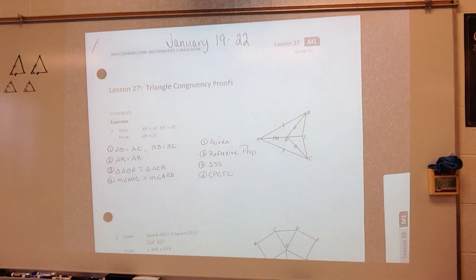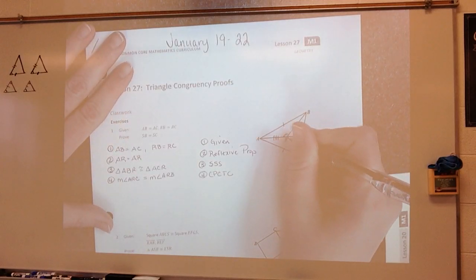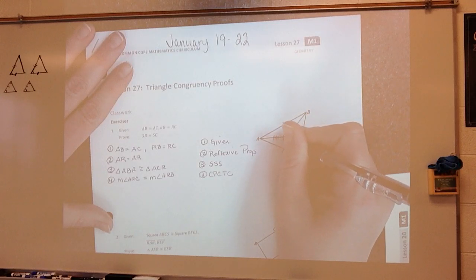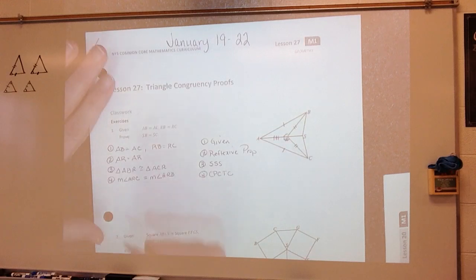Corresponding parts of congruent triangles are congruent. They're equal in measure. So now I've proven that this angle is equal to this angle.